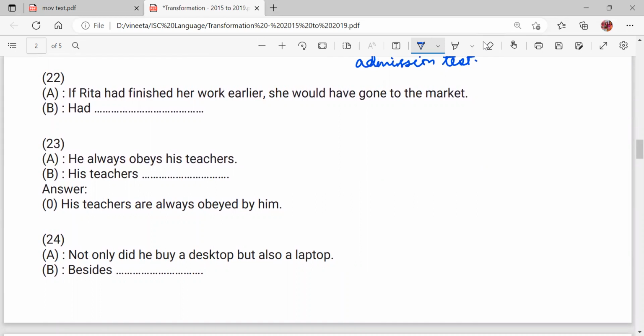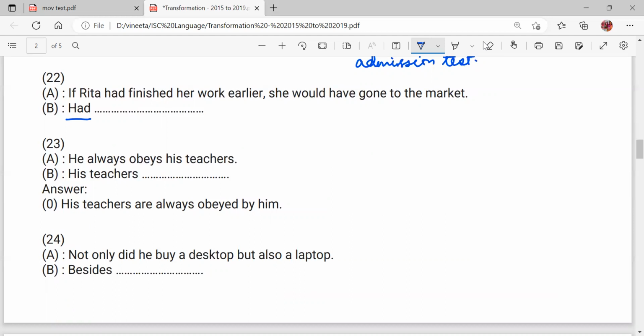Next, if Rita had finished her work earlier, she would have gone to the market. Now, it is a conditional sentence. For the transformation, you have to begin it with Rita. Please understand, especially in these transformations, we can omit if.